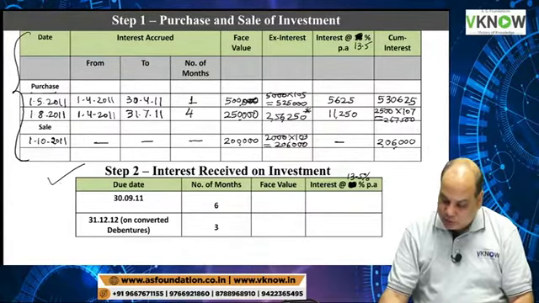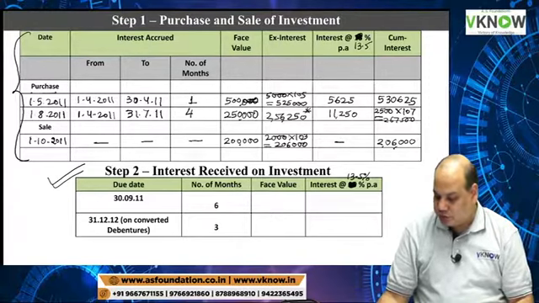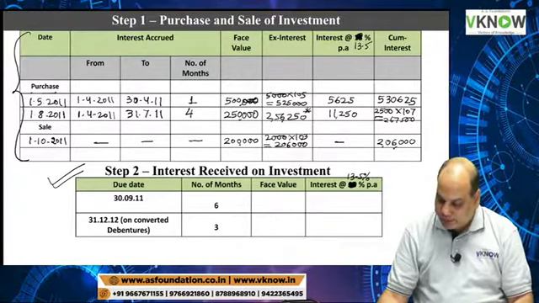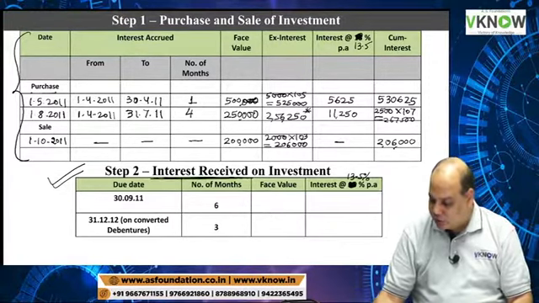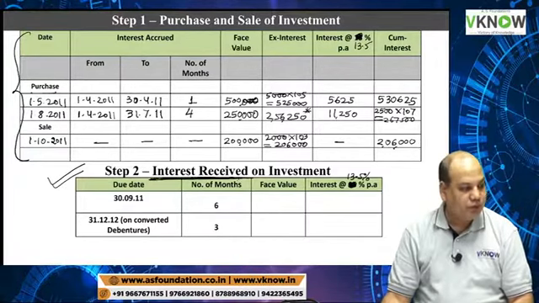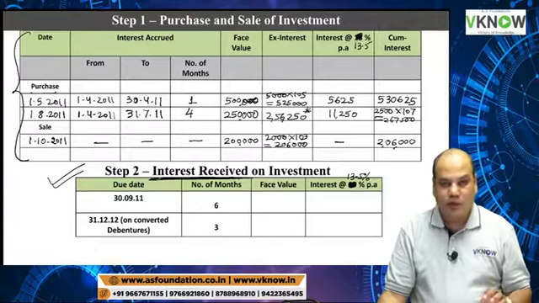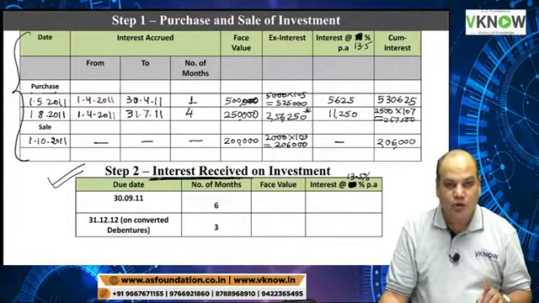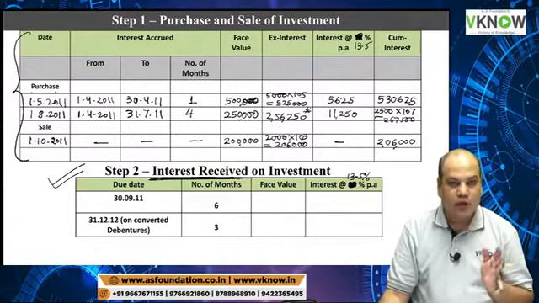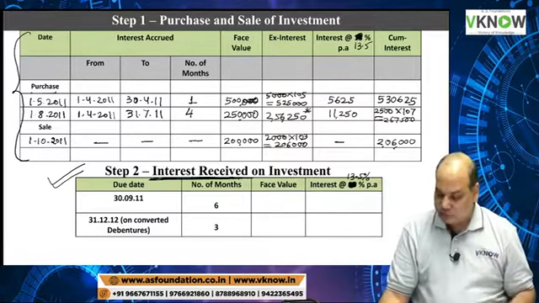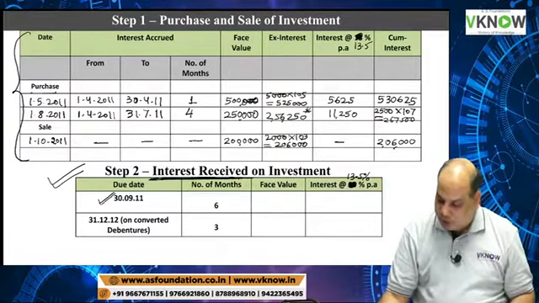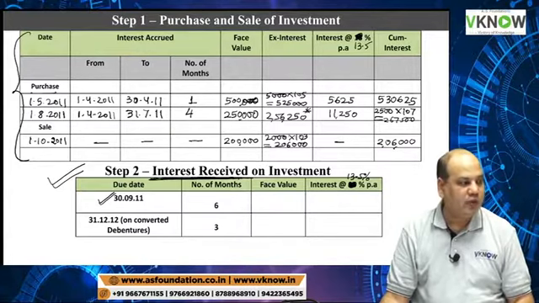Now write down step number 2. Interest received on investment. We have purchased investment on 1st of May. After 1st of May, the interest due date will be 30th September 11.